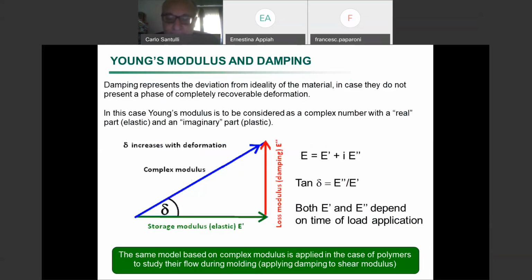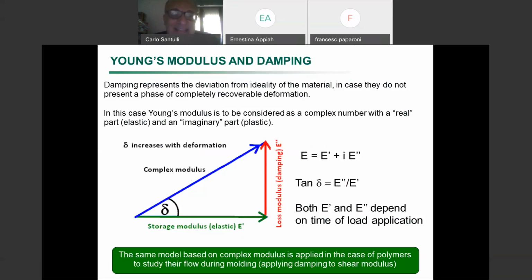And so complex numbers are useful in material science to represent the effect of damping or viscoplastic effect, so the effect of time on even the quasi-elastic part. They all depend on time. We will go into more detail, but both E1 and E2 depend on time of load application. Both the storage modulus and the loss modulus depend on time of load application.